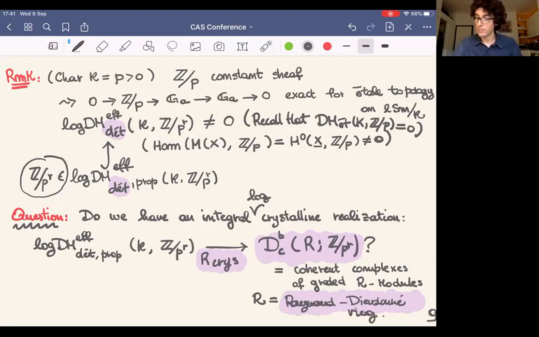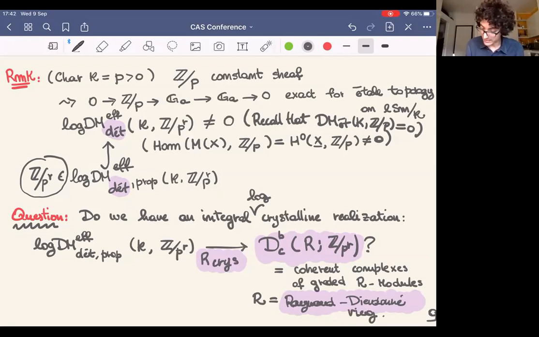Okay, so this is a sort of technical thing. I mean, it's not so important to discuss the details. But if I pass from Z mod P to VR to Z_p and then I invert P, then this is like I'm working with finite coefficients. Okay, Z mod P to VR. So let's say that I work, just to give you an intuition of this category, D^b_C, Z mod P to VR.